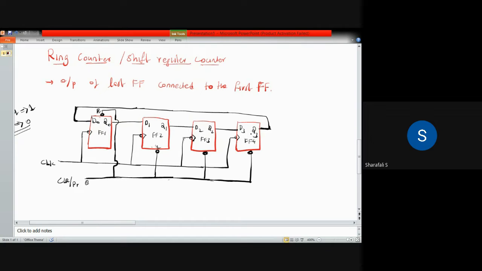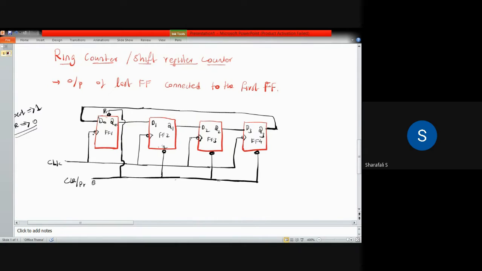Q1, Q2, Q3 will be cleared, and the first flip-flop will have output equal to 1, because of this presetting condition, Q0 will be equal to 1.